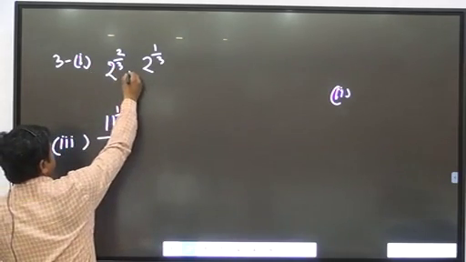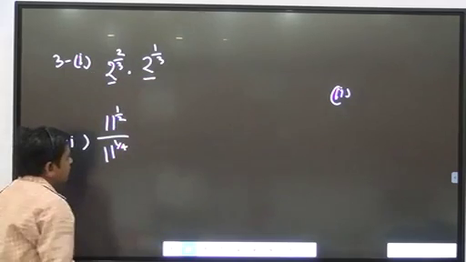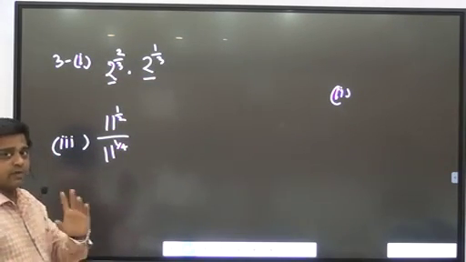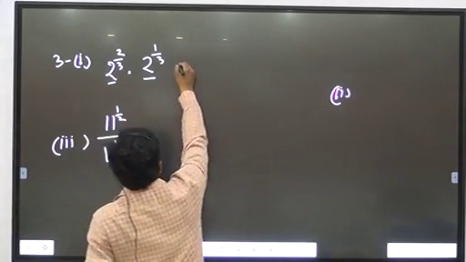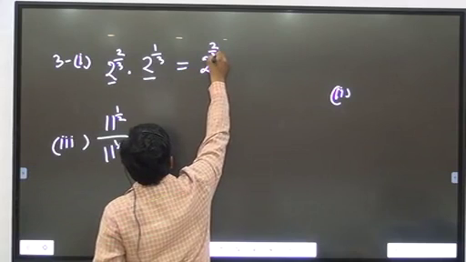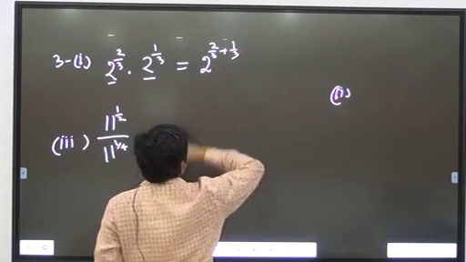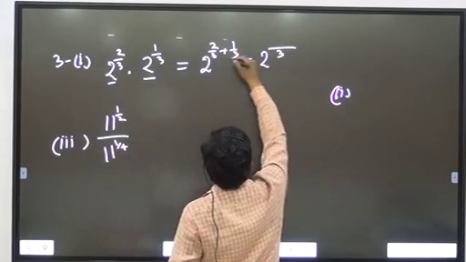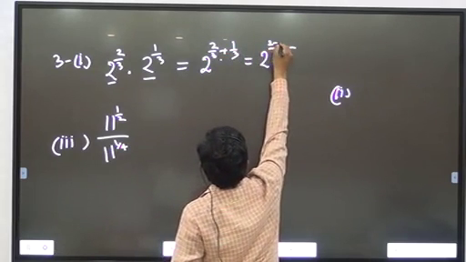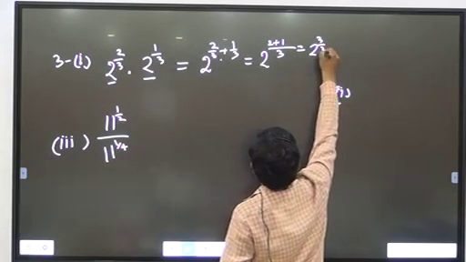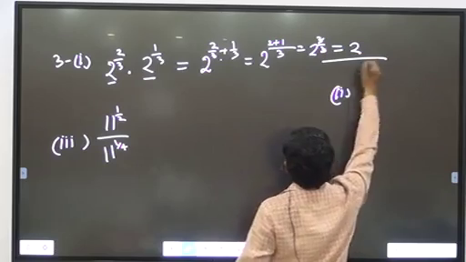In this case we can see the bases are the same and the exponents are different, so we can use the first property. In the case of multiplication, we add the exponents, and we get 2 to the power 3 over 3, 2 plus 1 to the power 3/3, equal to 2.